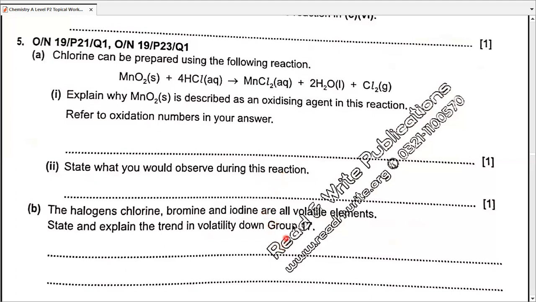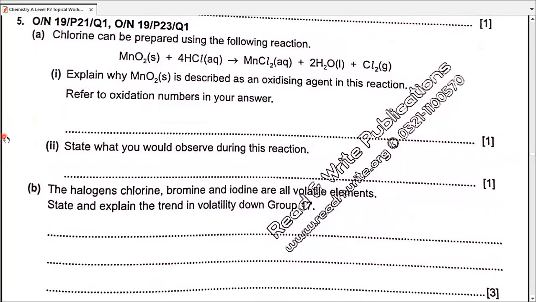Good, very good. Number 2. Now the visual observations. The solid disappears. Right, good. Remember, we have studied MnO2 as a black solid back in IGCSE when we were experimenting with it as a catalyst for H2O2 decomposition.